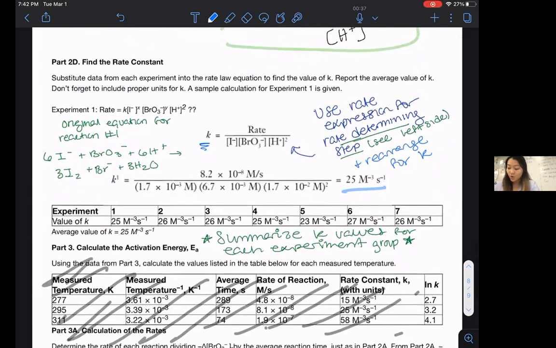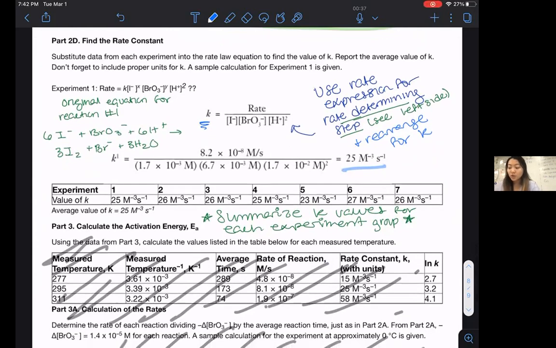Okay, so now comes final part D, the actual rate constant that goes with your rate law. So you use your rate determining step, which is according to the background information in your packet, reaction 1. And I wrote reaction 1 over here for you for reference. Here are the reactants, here are the products.